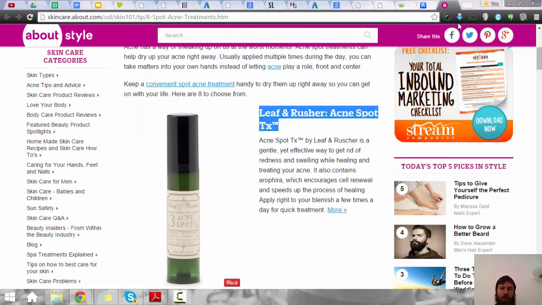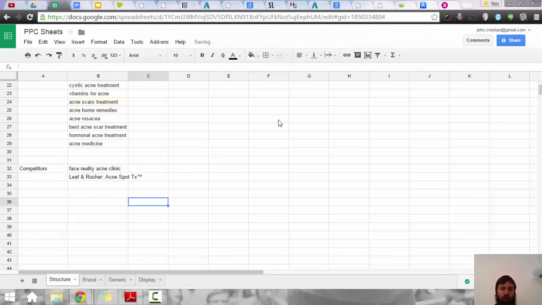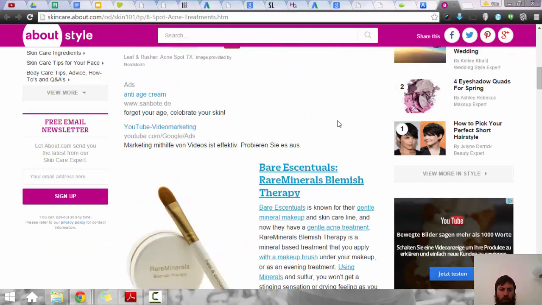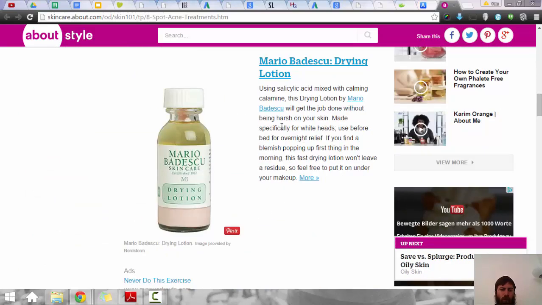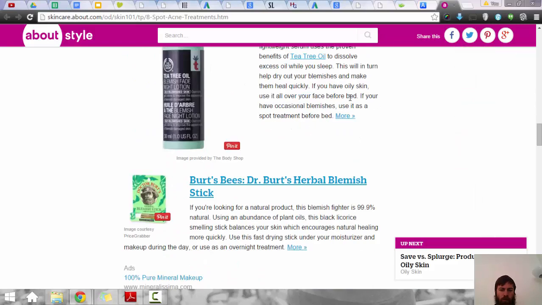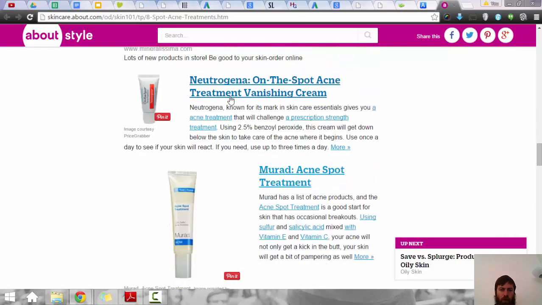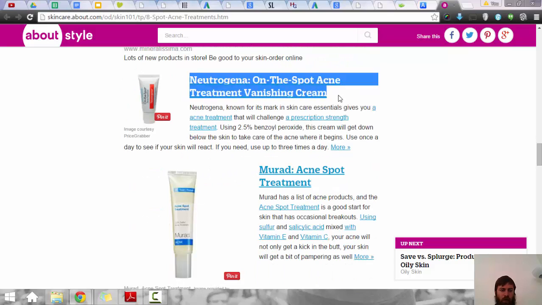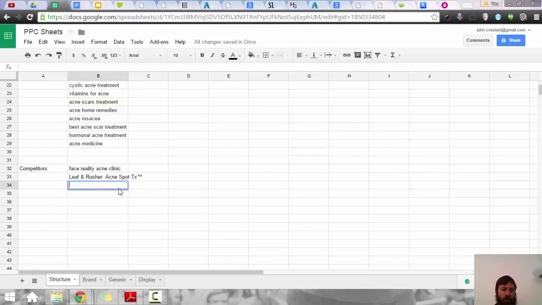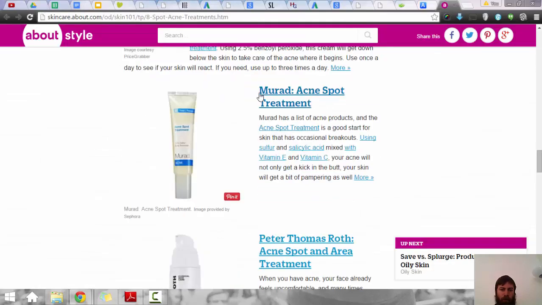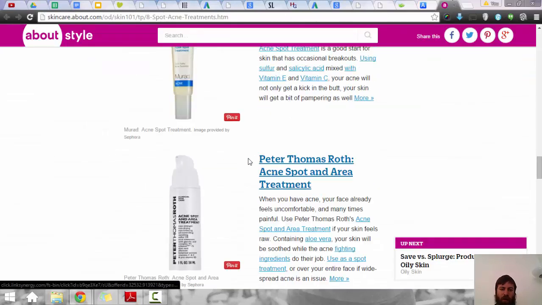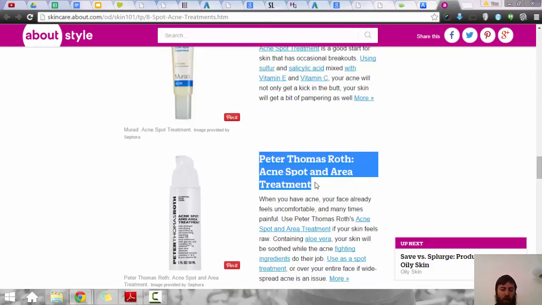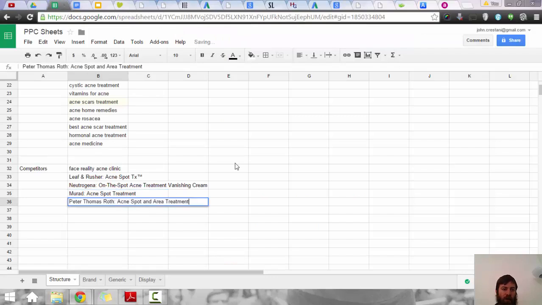Okay, so we're going to start. Neutrogena. So let's try this. So we're just getting some actual treatments in. So I can't find many info products, but what we can do is target real products.